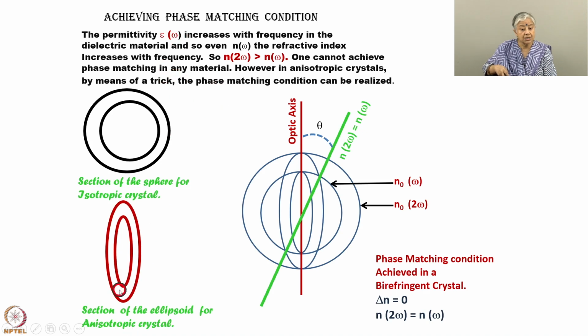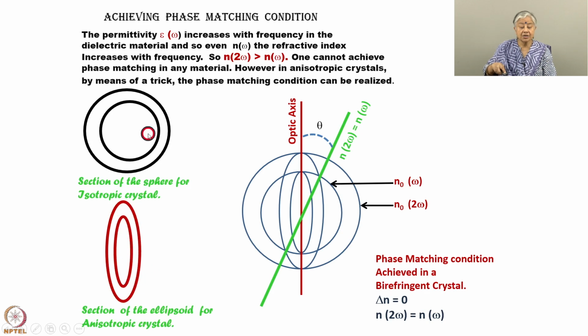Suppose I take it even for the anisotropic crystal, or for the extraordinary ray. It is following the rules of this ellipse. So, even for the extraordinary ray, the refractive index at omega is this ellipse, and the refractive index at 2 omega is this ellipse. This is the section of the ellipsoid.